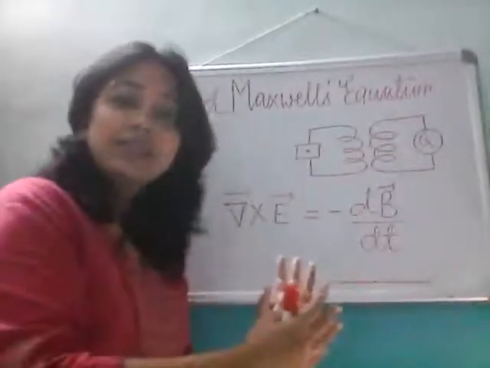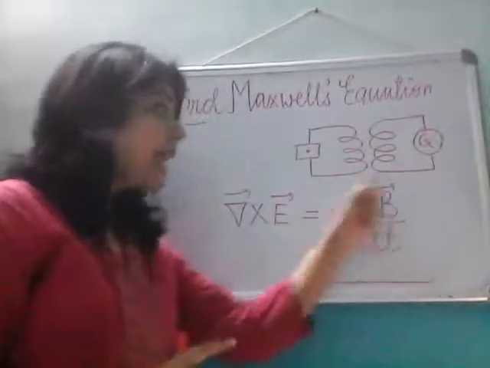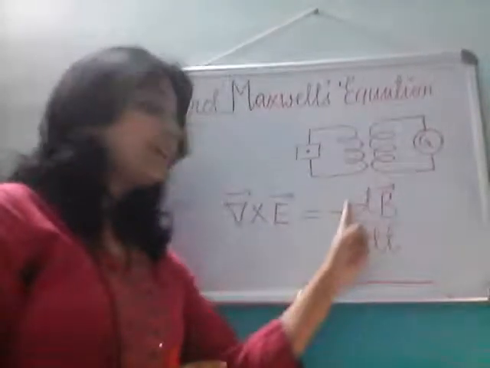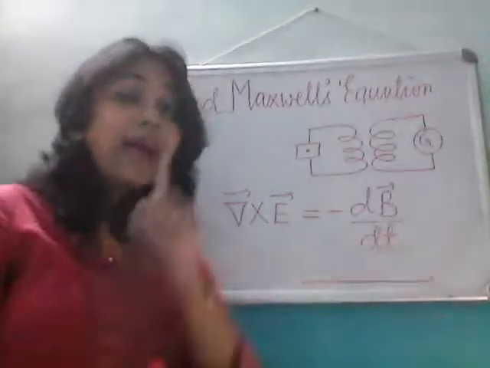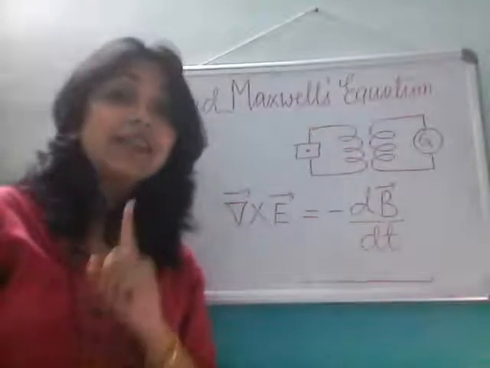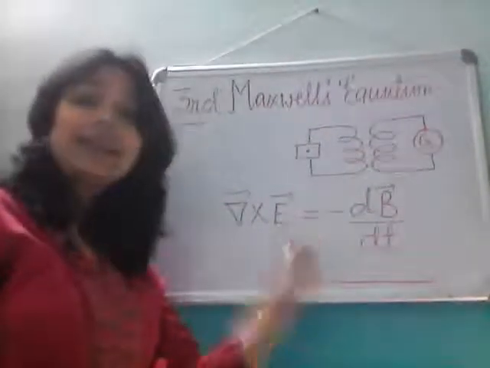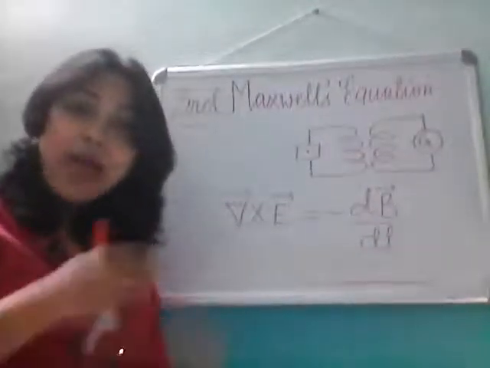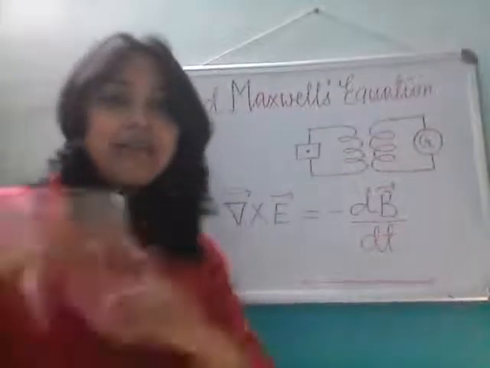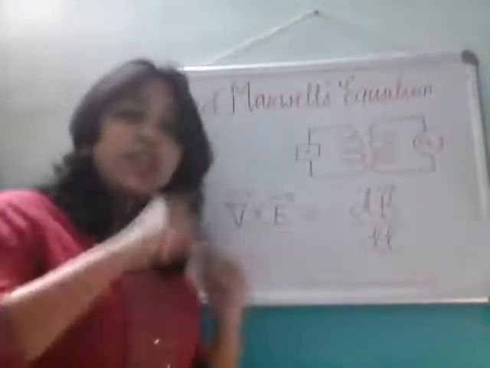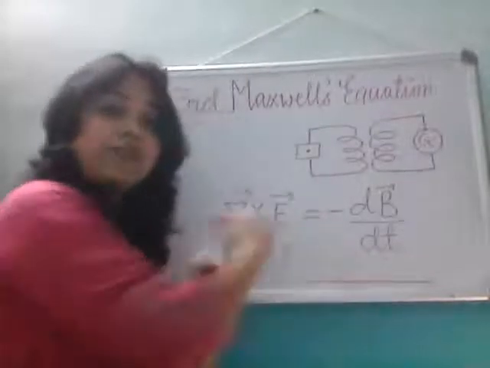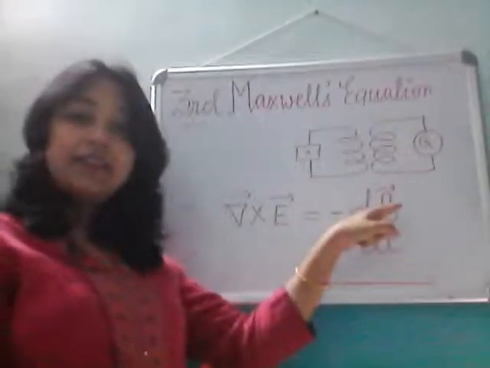And the second, a very interesting point: whenever there is a variation of magnetic field with respect to time, a time varying magnetic field is creating what? It is creating an electric field. Right? So as if the electric field and magnetic field are intertwined with each other. When I change the spatial parameters of E, when I take a curl of E, I create a magnetic field.